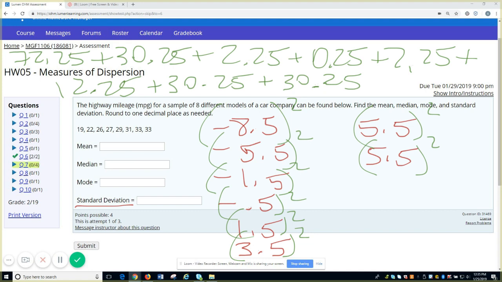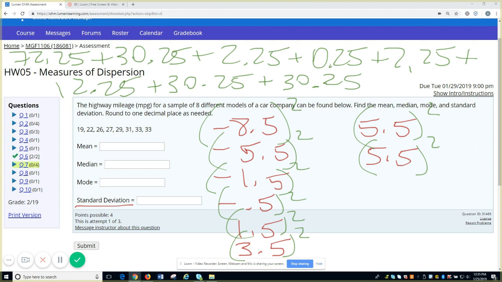The next step is to add up those squared deviations: 72.25, 30.25, and so on. I'm just adding up everything that I have at the top. It looks like I got 180 as my sum.